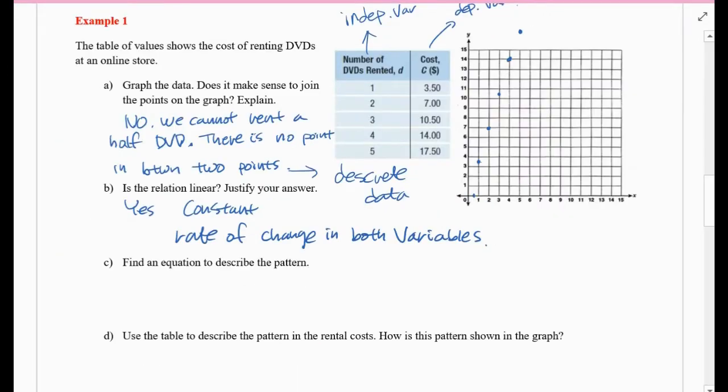Next, find an equation to describe the pattern. So everyone, again, this is the independent variable and dependent variable. The equation always starts with the dependent variable, and write down the independent variable here.